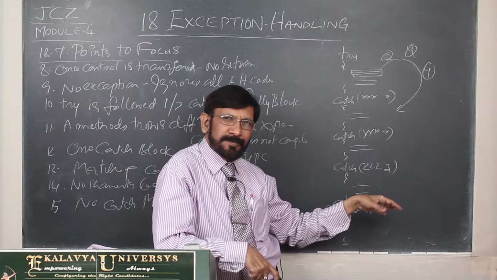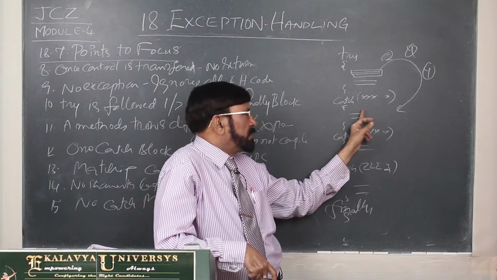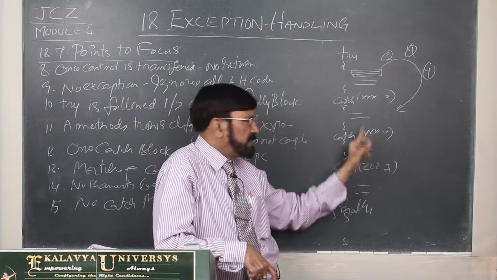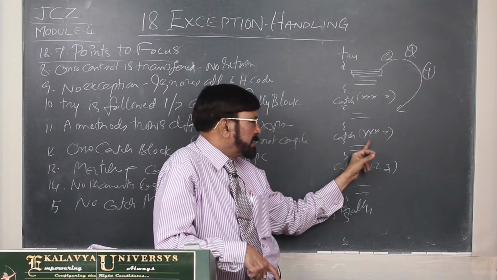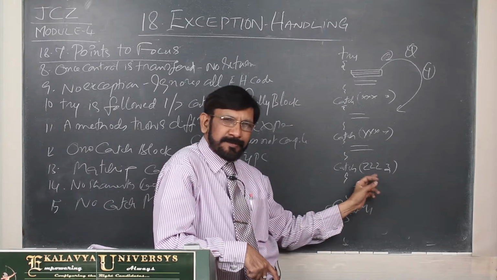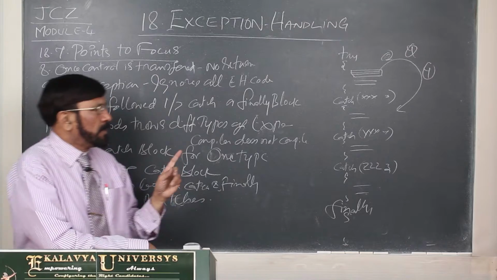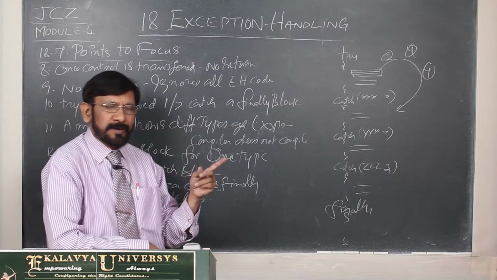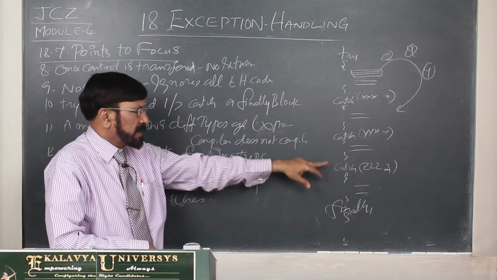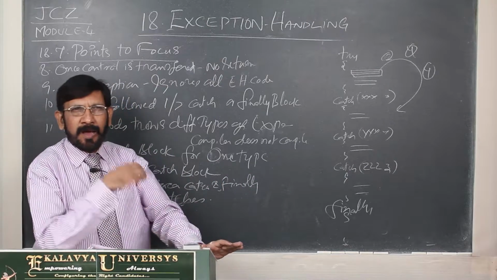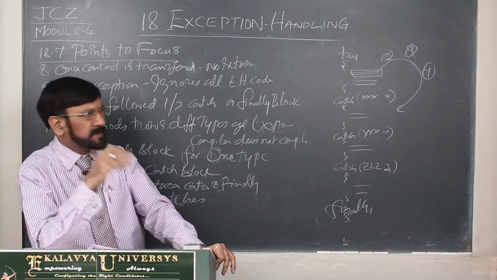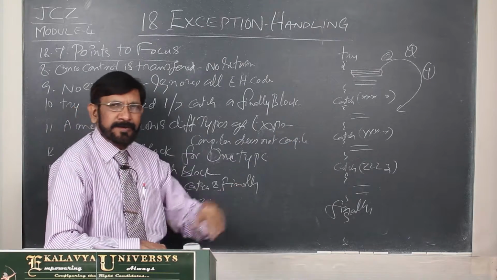Suppose Z, it ignores this one. He is not the correct doctor. He is the correct doctor. Treatment is given here. So the exception is handled by the corresponding block. That's why for however many exceptions are possible, we have to write all of those.